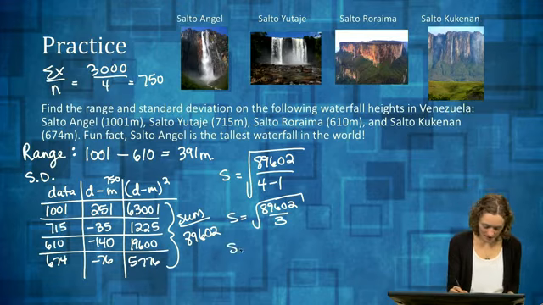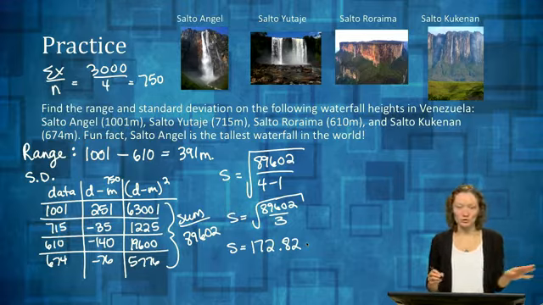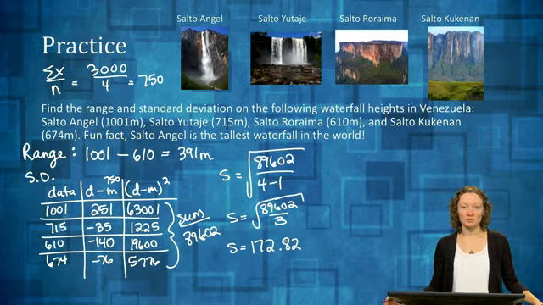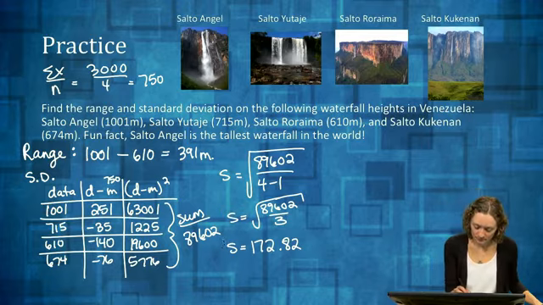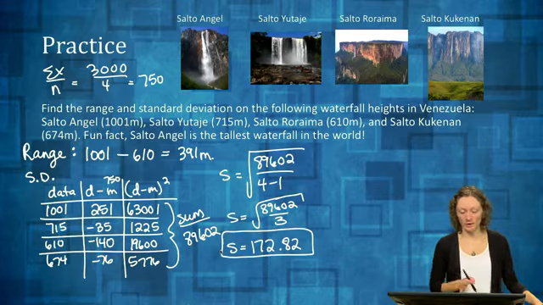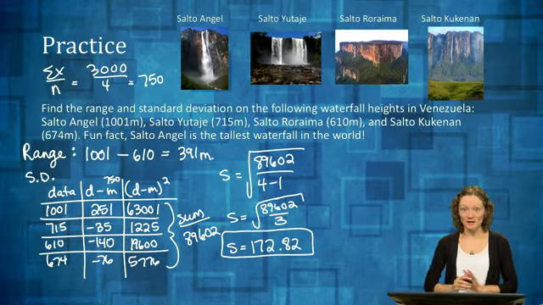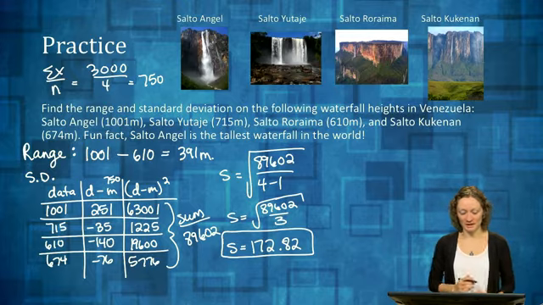And when we type this into the calculator, we get 172.82, a bunch more decimals, but you can, as a default, if there are no instructions, round to 2 decimal points. A statistics class might say 4, but for our purposes, 2 is enough. So there's our standard deviation. So this tells us there's a much wider spread amongst these points of data than there was in the previous set of data. You can kind of compare them that way.